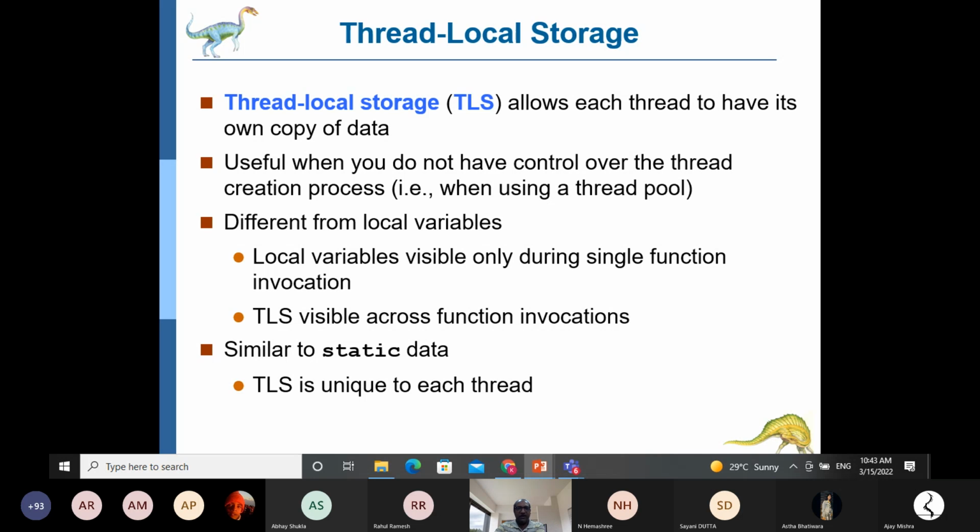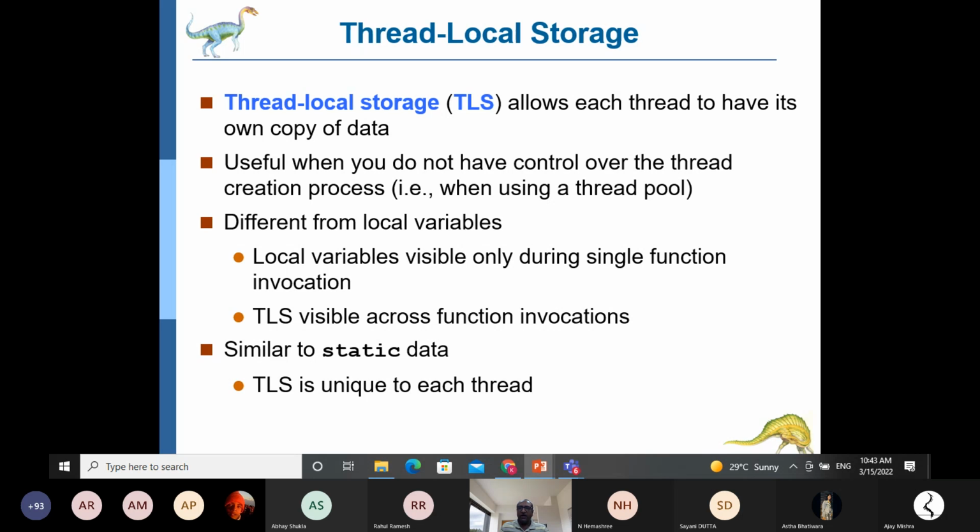Here, local variables does not mean the local variables within a function. We know that the scope of a local variable is only within a single function. Whereas the thread local data means the scope of the local data items will span the entire thread.